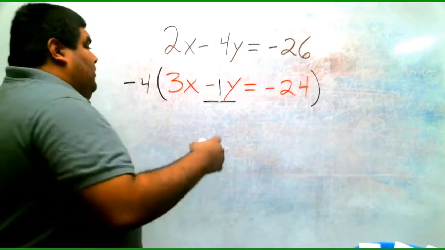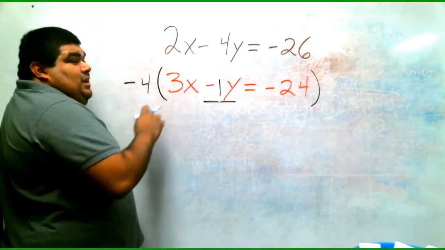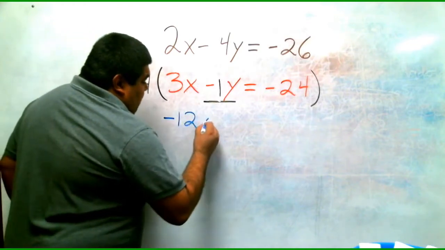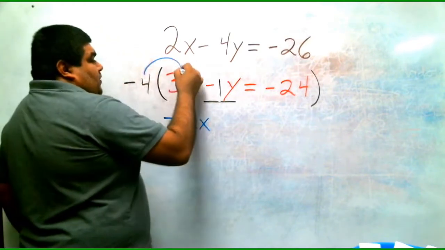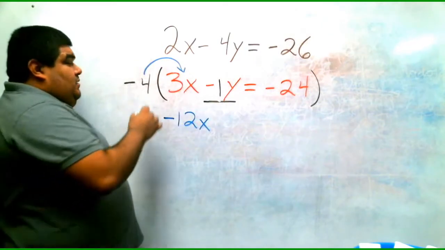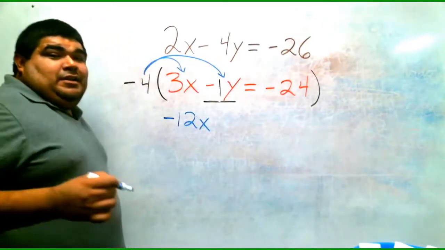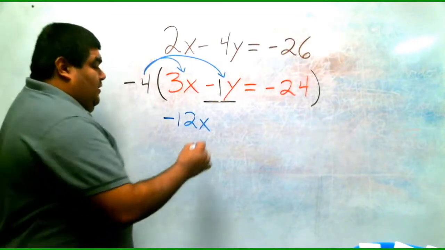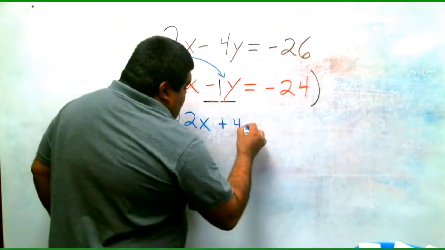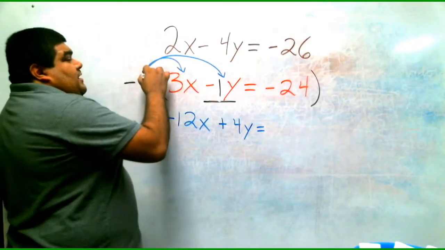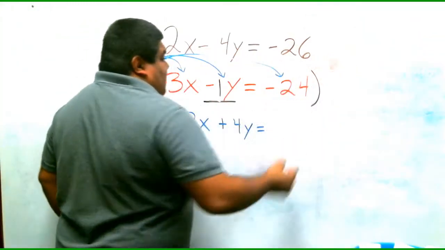So we have negative 4 times 3 is negative 12x. Negative 4 times negative 1 is our positive 4y. Equals, again, negative 4 times negative 24.